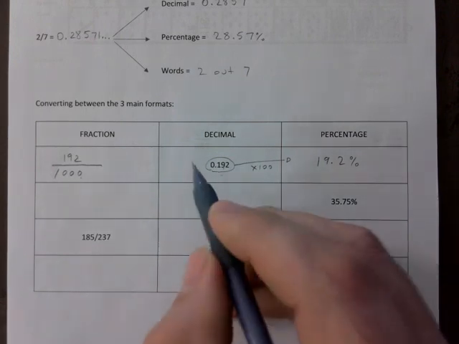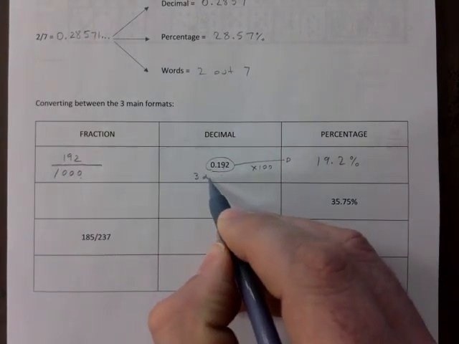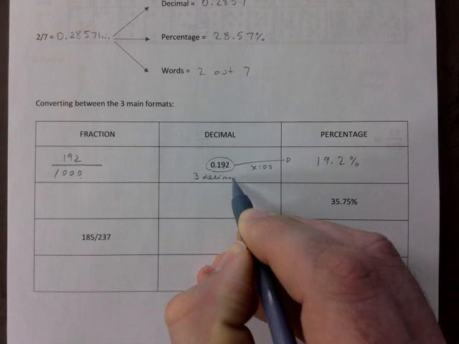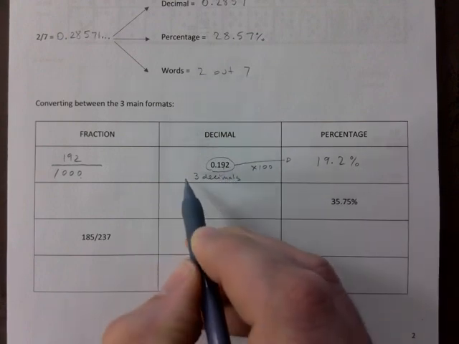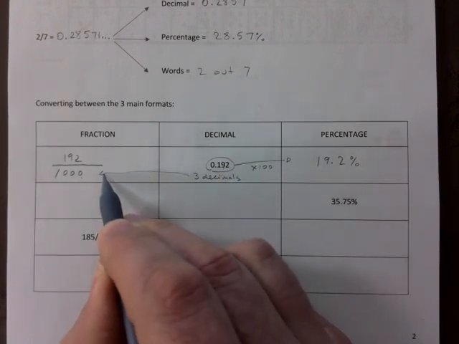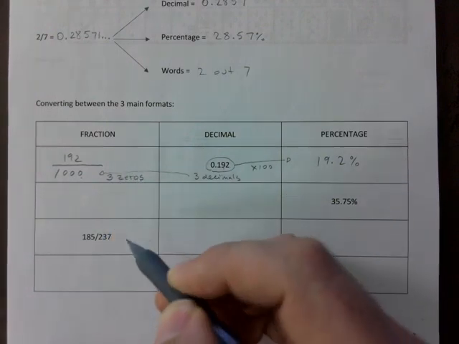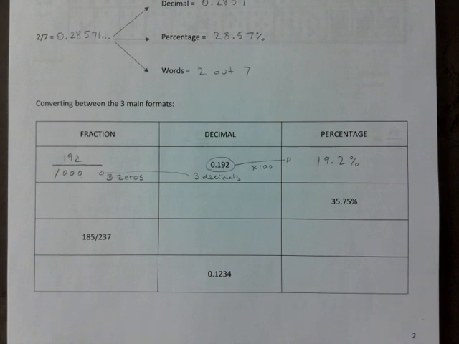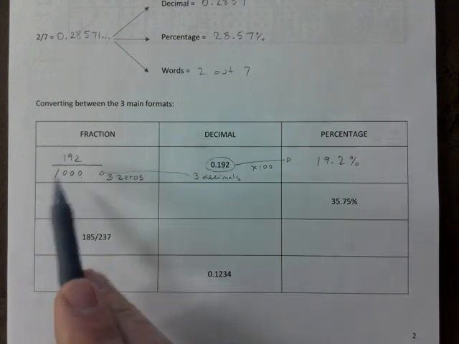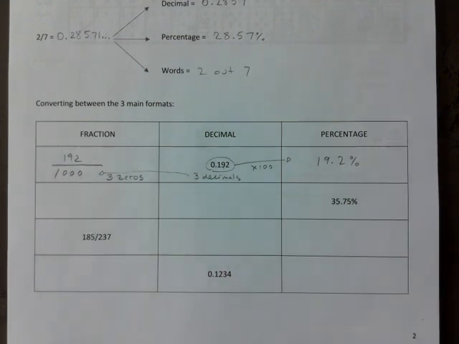So what I will say to you is this. There are 3 decimals, right? Therefore, 3 zeros. Right? So the number of decimals tells you how many zeros you're going to have in your denominator. Okay.